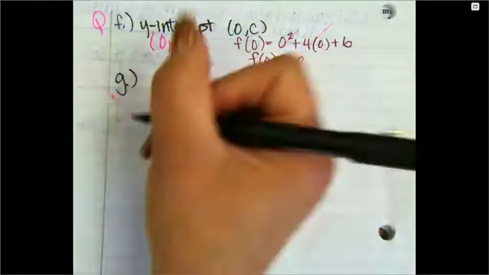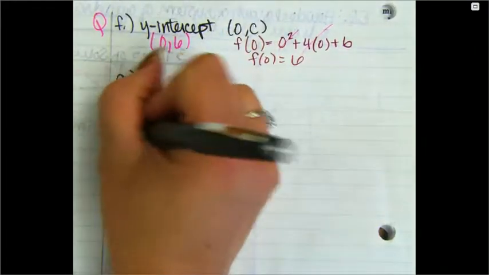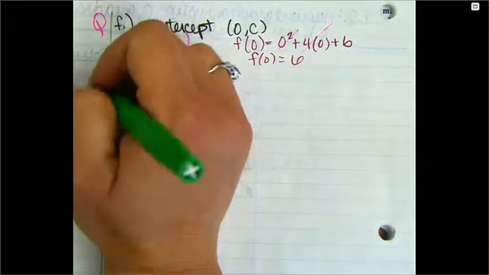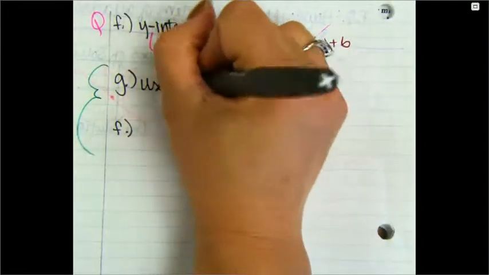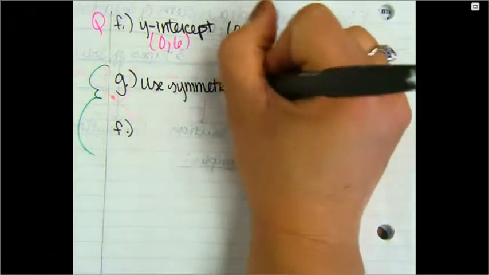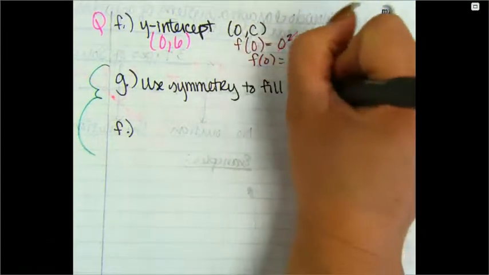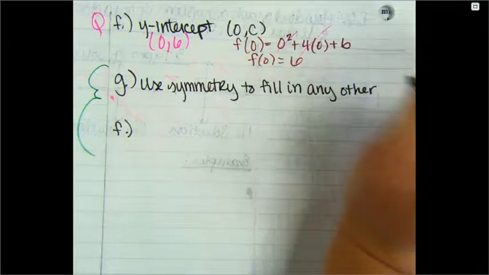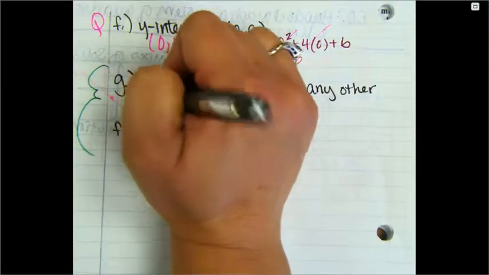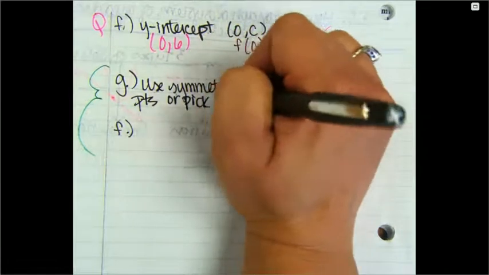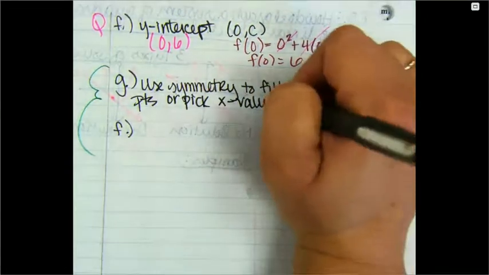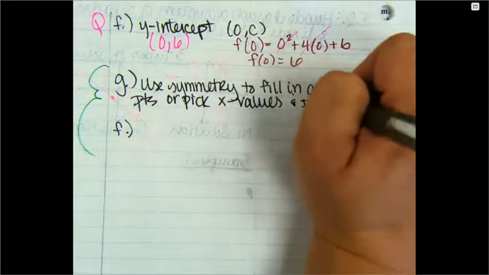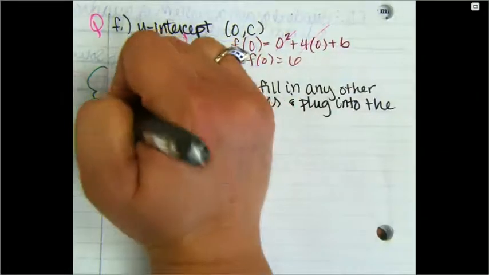Here we go. G, 1, 2, 3. And F go together. These go together. Understand? G says use symmetry to fill in any other points or pick x values and plug into the equation.